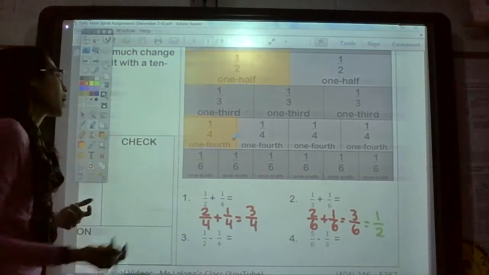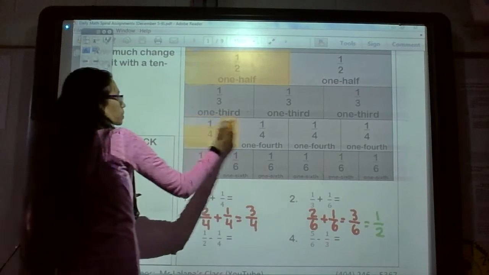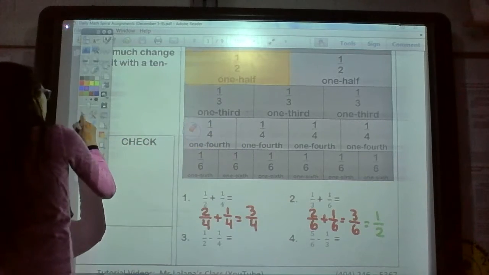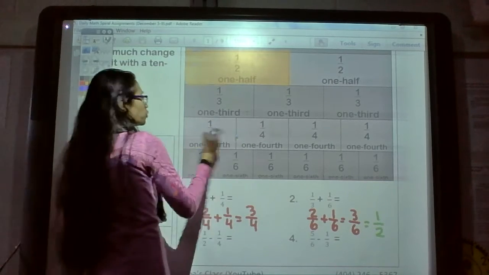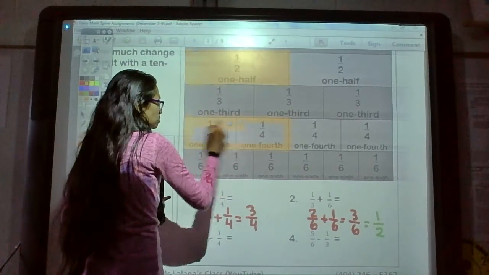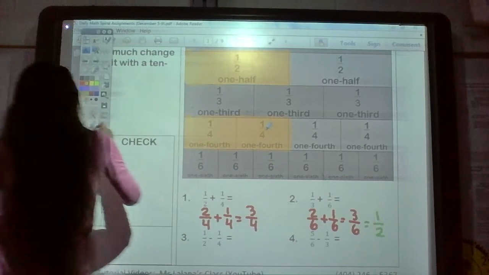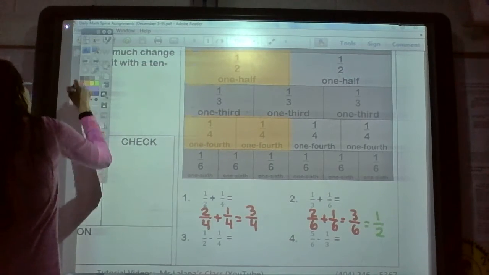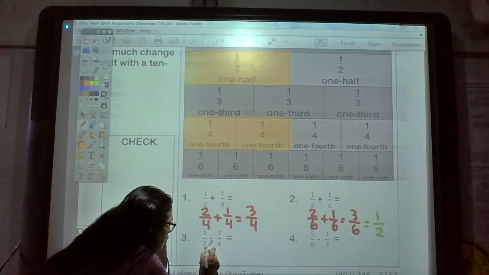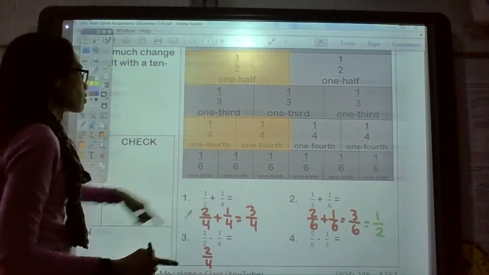Now, let me show you how to convert that into equivalent fractions. 1/2 is the same thing as what? 2/4 right here, right? So let's write that down. 1/2 is the same thing as 2/4, and we've done that already, so you should already know that.